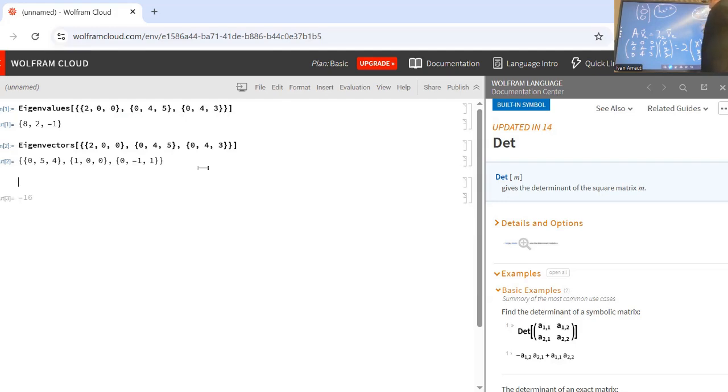So x is arbitrary. The third equation is 4y plus 5c equals y. So y is minus 5 over 2 c. And the final equation is 4y plus 3c. This is just for me because I want to see something.